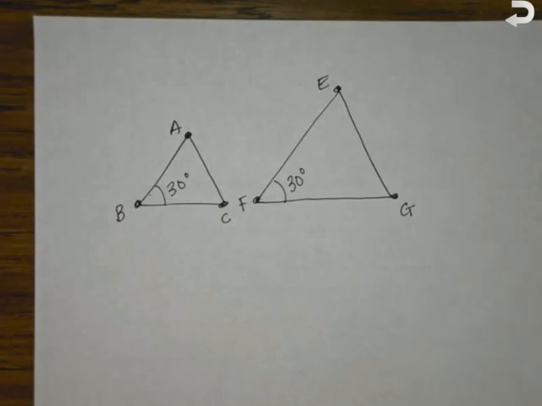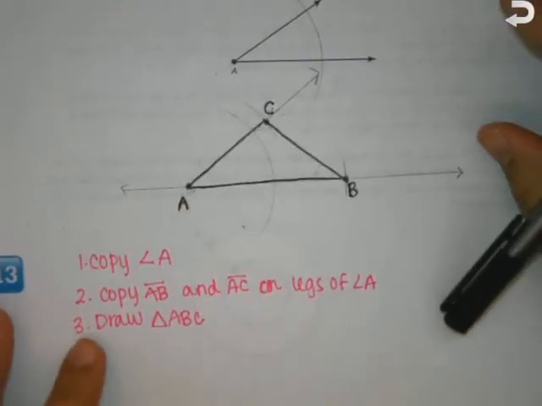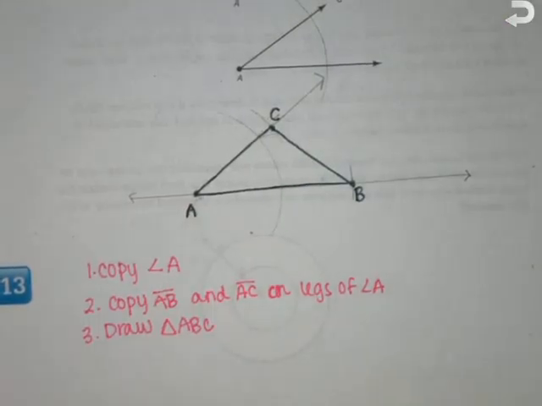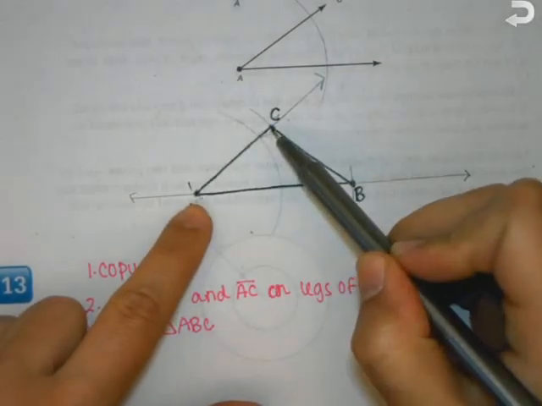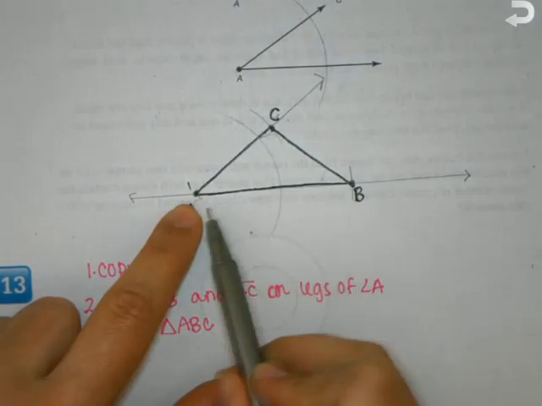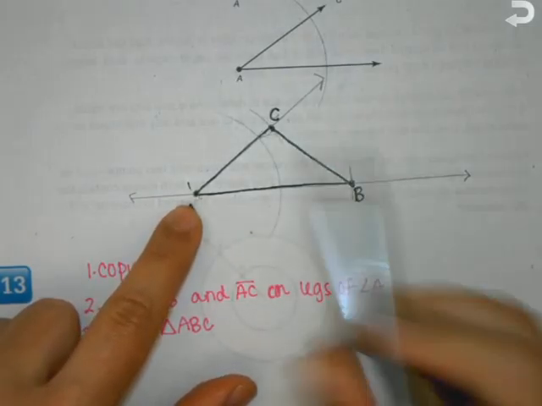That's why for side angle side, you have to have the included angle as part of it, because we know that this length is the same because it's given. We know this length is the same because it's given. So if the angles in the middle are the same, we know we have half of the triangle that's exactly the same.